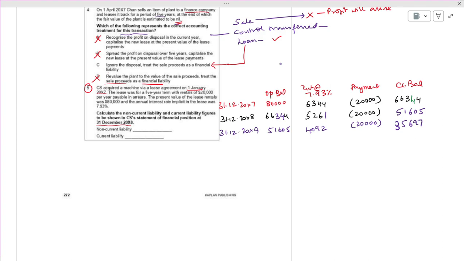This will become the non-current liability, and the difference between these two, how much is the difference? 51,605 minus 35,697 is 15,908.